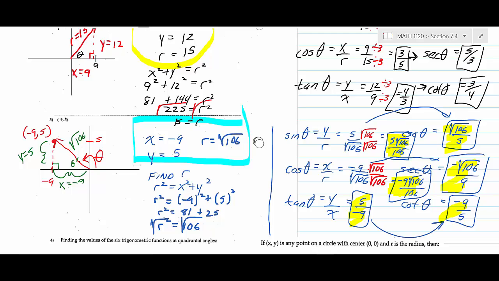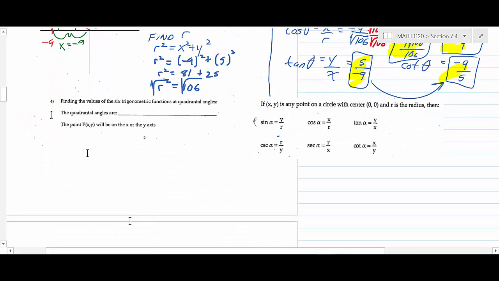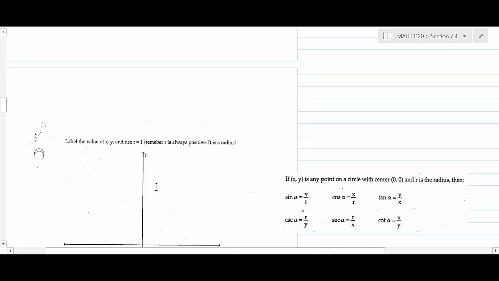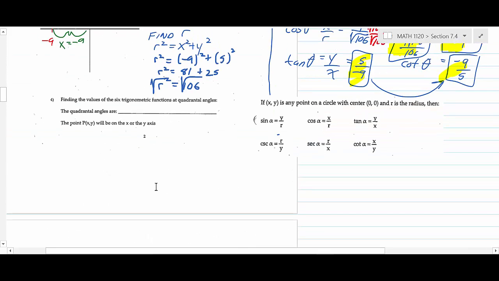Even if you didn't know that, all you have to think about is that if you know x, y, and r, then you've got it. But the angle technically is the quadrant 2 angle on that. Let's see, I think we'll have time to start this one thing here and get you this definition. We're going to look at what we call quadrantal angles, and you need to know this vocabulary. Quadrantal angles are just angles on an axis.